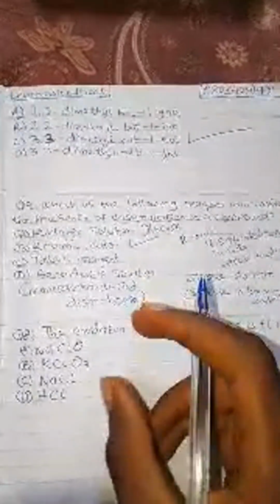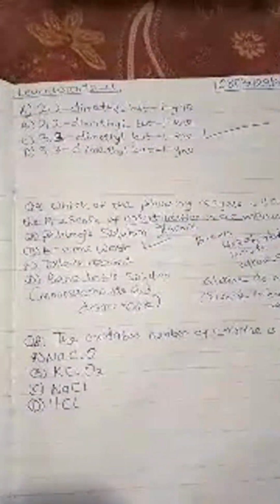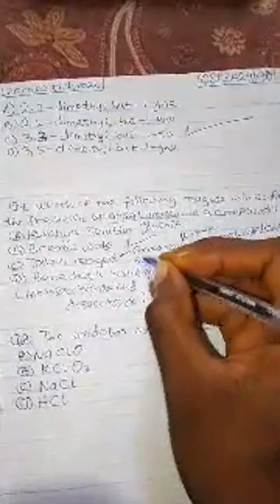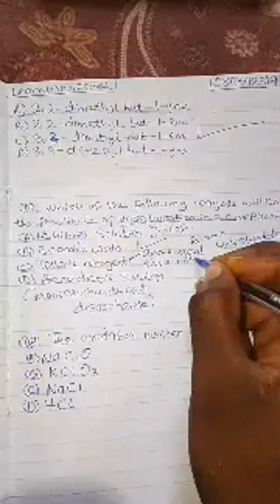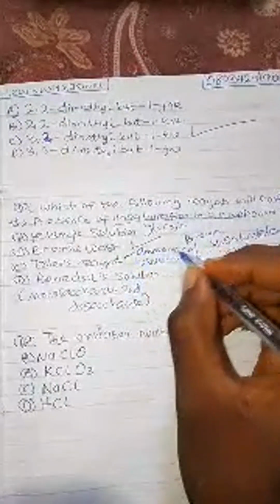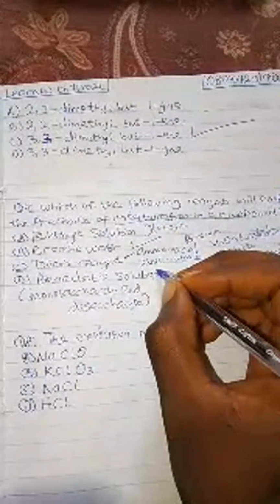Examples of disaccharide include sucrose, because the combination of glucose and fructose will give us sucrose. So that's about that. And Tollens' reagent, ammoniacal silver nitrate, is used to test for it. So make sure you take note of that.